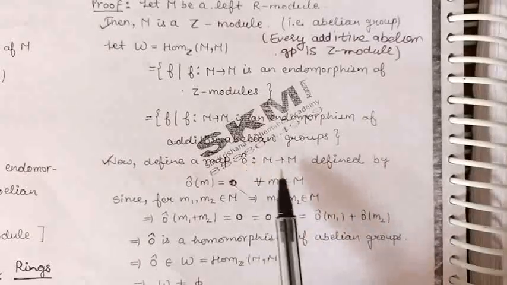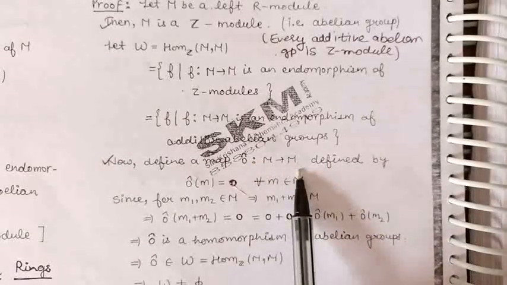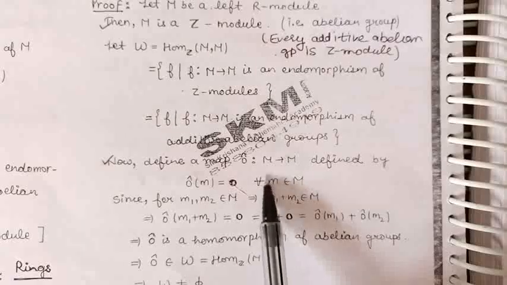So let us define a zero mapping from module M into itself by taking an arbitrary element m.